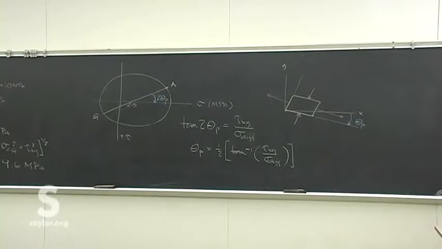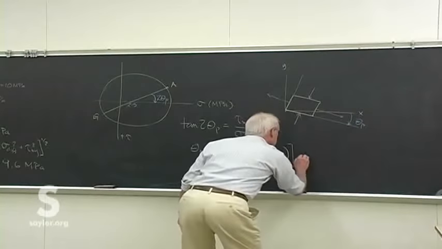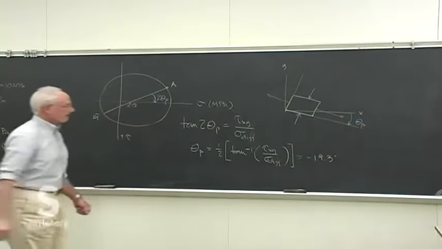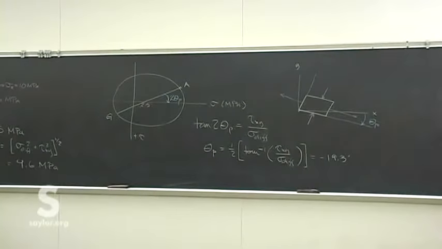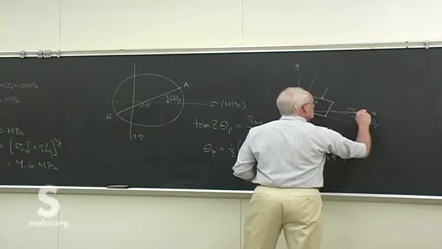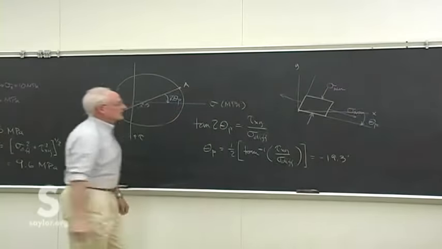And so for our problem, that comes out to be just a little under minus 20 degrees, right? Minus 19.3. And that's the minus angle we drew there. So we know if we go clockwise in our analysis, we'll find the direction of maximum normal stresses.